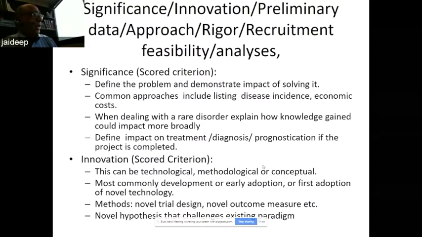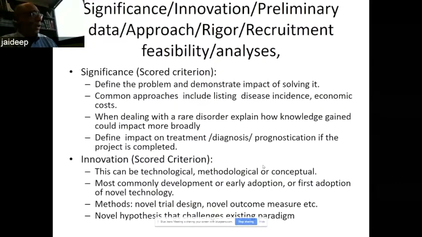The second area where your grant will get scored is innovation. In clinical research and clinical trials, people often struggle with this area because they think innovation means a new mouse, or a new way to develop a mouse, or new technology to advance the field.